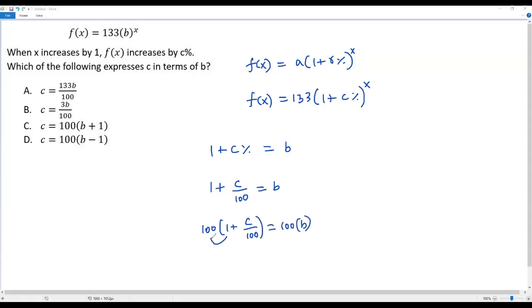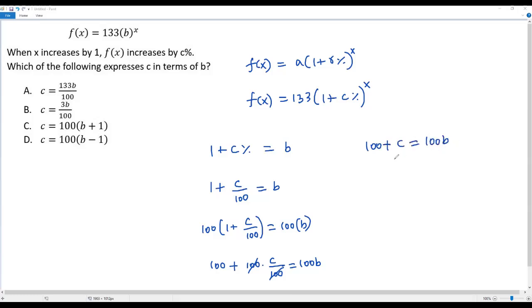Now I can distribute this 100 to this one and this one. When I do so, 100 times 1 is positive 100. When I distribute this 100 to the fraction c over 100, I get 100 times c over 100. So 100 times b will be just 100b. This 100 will cancel out. Then I'm getting 100 + c equals 100b.